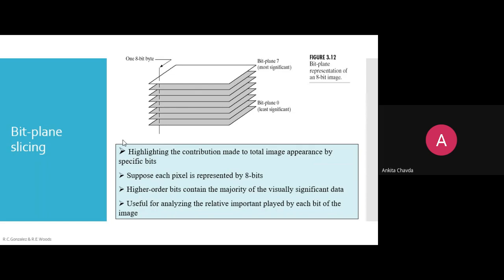Suppose the background colors or something like that may be contained in your least significant bits. But the total visual details of your image would generally be stored in your most significant bits. So this is useful for analyzing the relative importance played by each bit of the image.